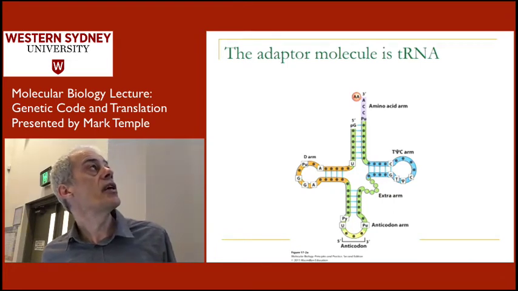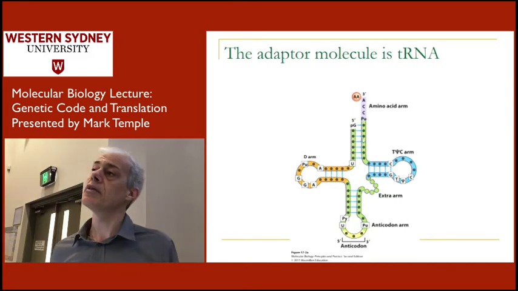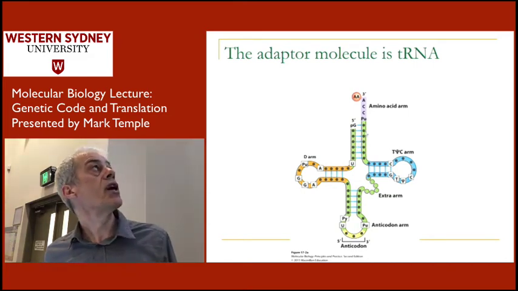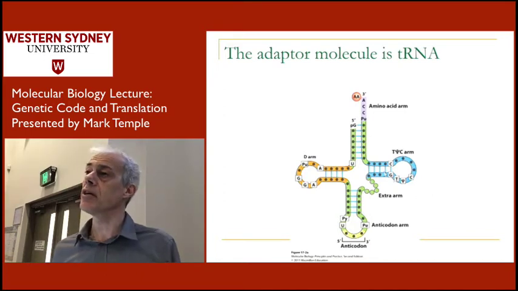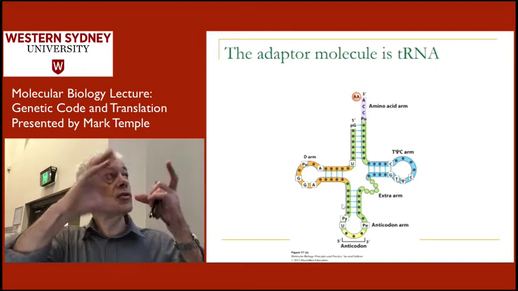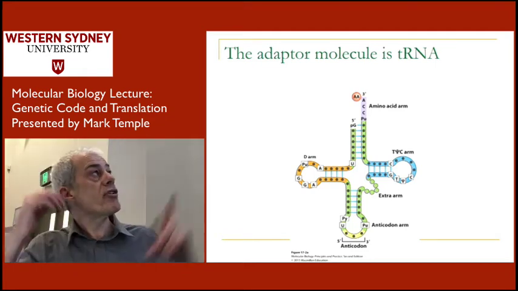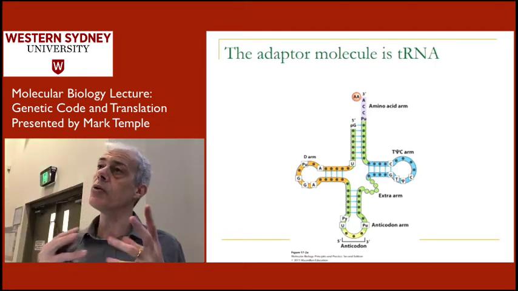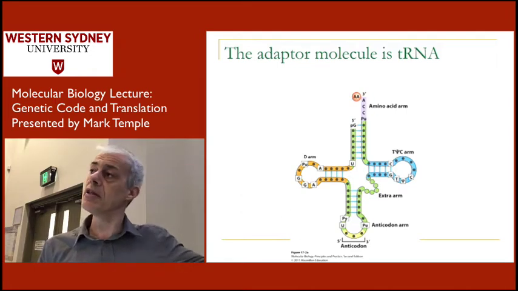This is showing the 2-dimensional structure, as you draw it, and it shows these regions of base complementarity within the single-stranded molecule that allow it to fold up into only one species. It can only form into this structure. If you look at the complementary base pairing that exists for this molecule, you only get one solution, and it's this fold.